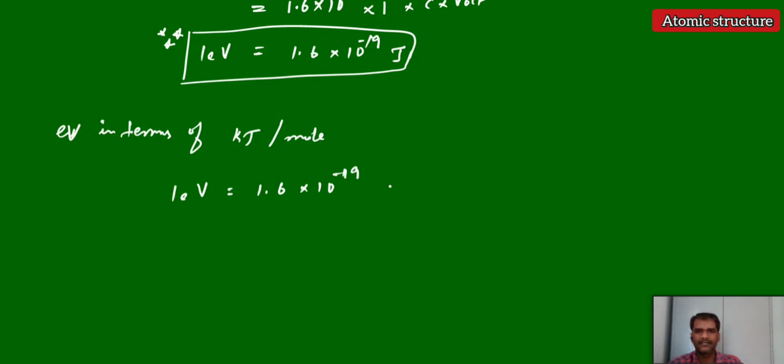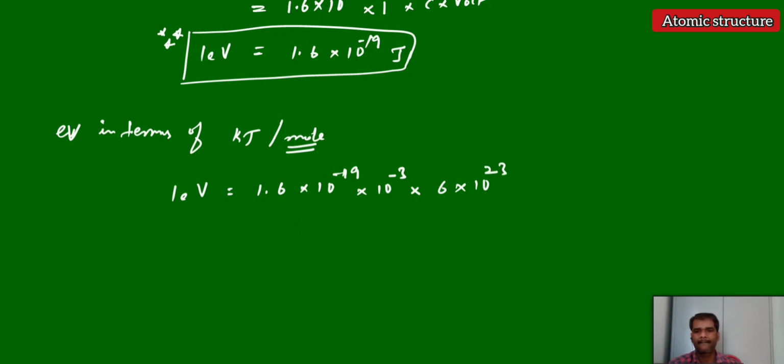Joule you convert into kilojoules, kilo means 10 power minus 3, into 1 electron charge, but we require per mole. 1 mole means 6 into 10 power 23.